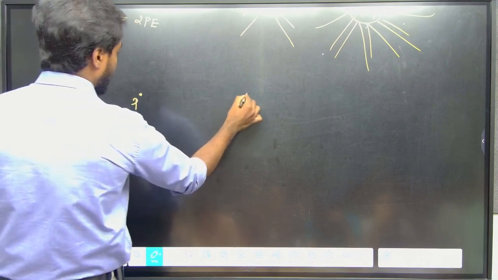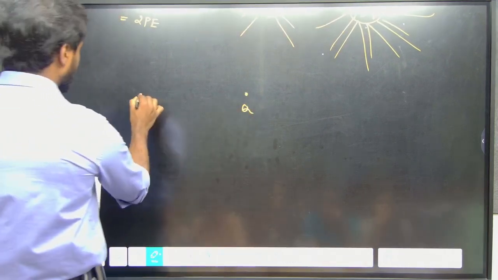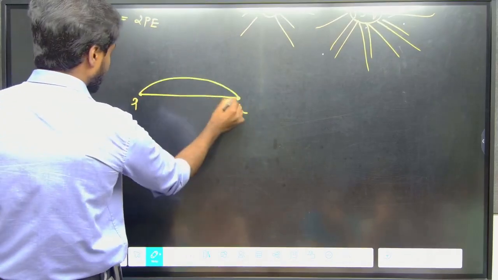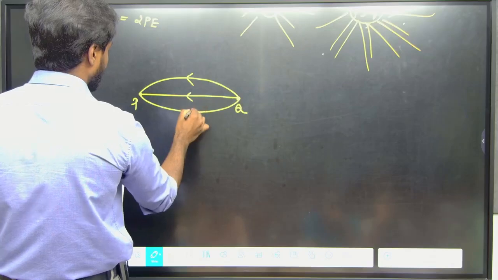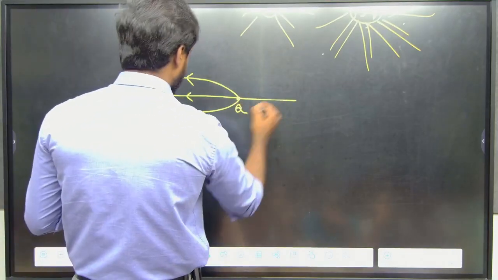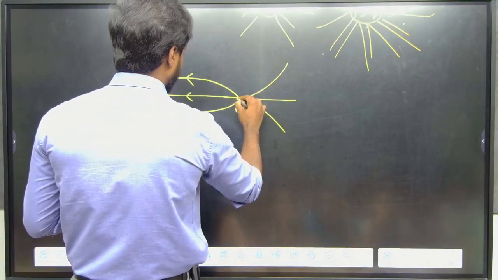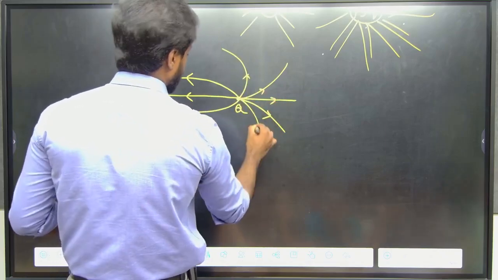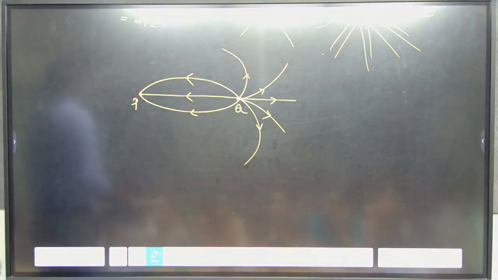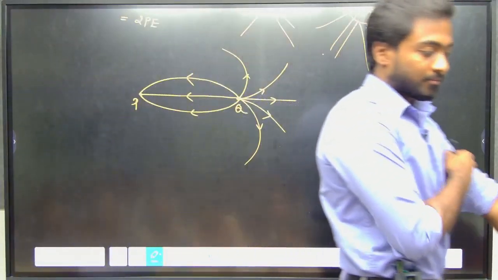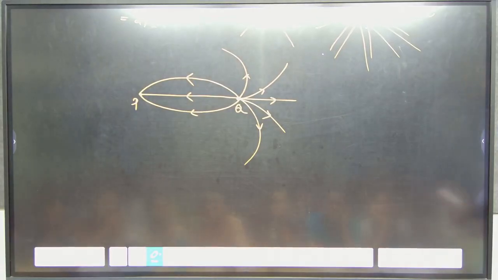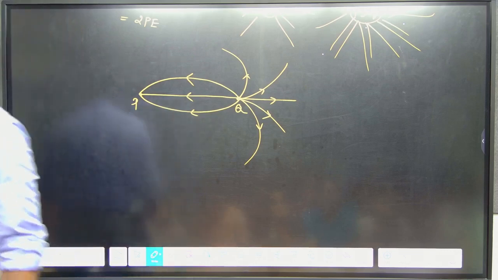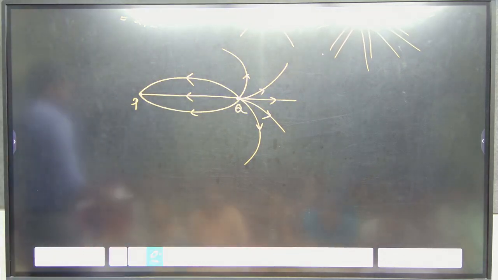This is point P and this is point Q. So what is the charge of P and what is the charge of Q here? P is minus and Q is plus. Any doubts here? Okay, you can take down and we will go for the next one. Next question.